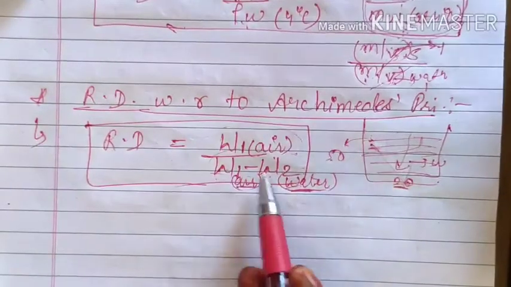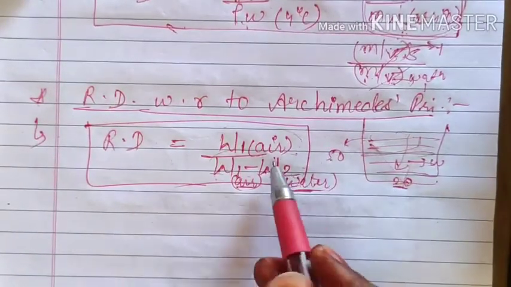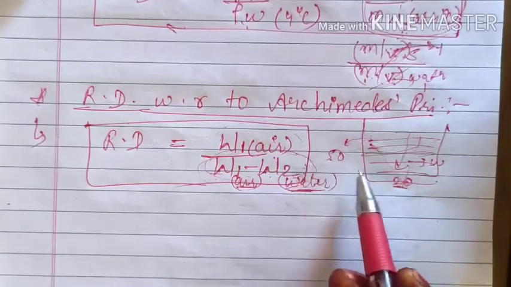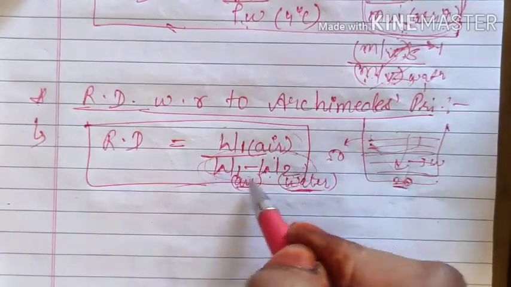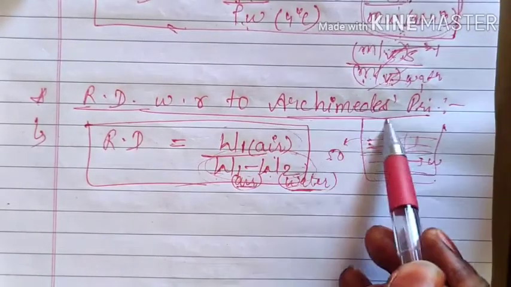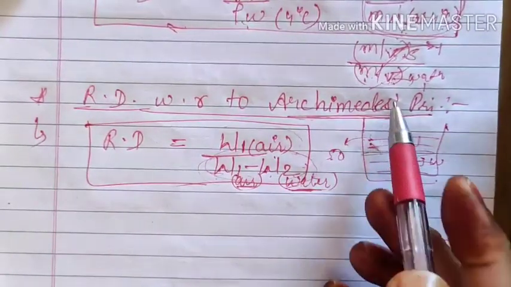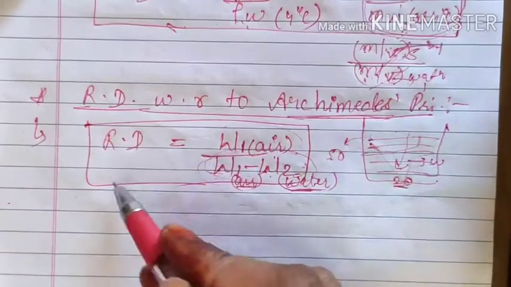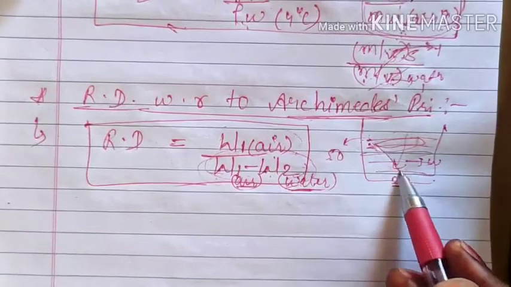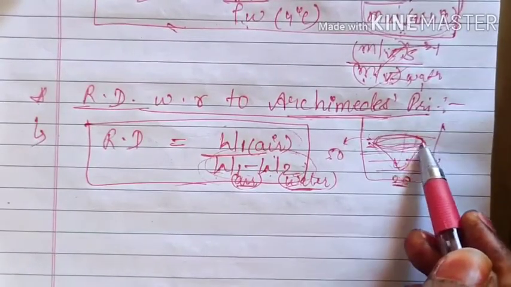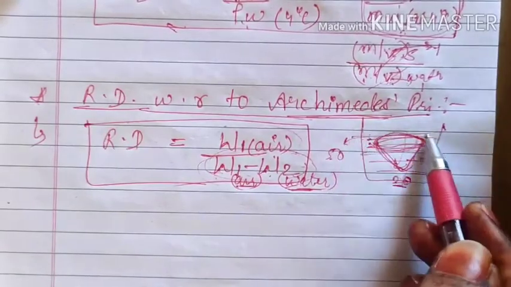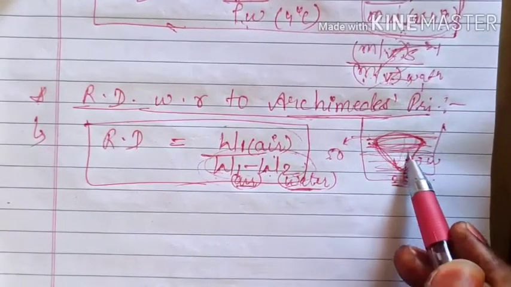So larger value minus smaller value, which is also known as loss in weight. That means the displaced weight, which you have learnt in Archimedes principle. That means the volume immersed inside the liquid, that much volume will experience upthrust, or that much liquid will exert upthrust.